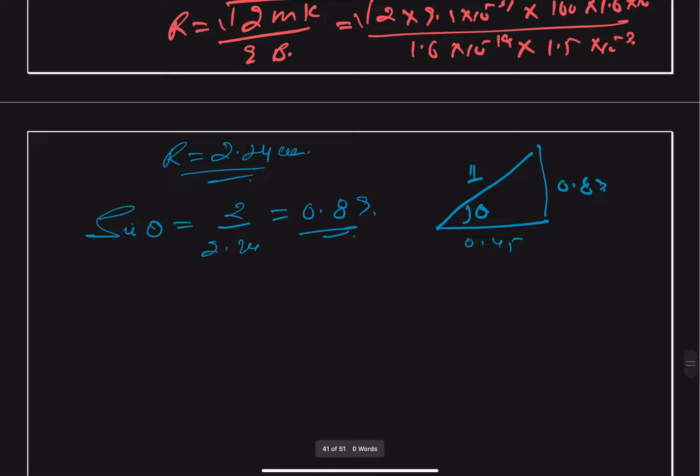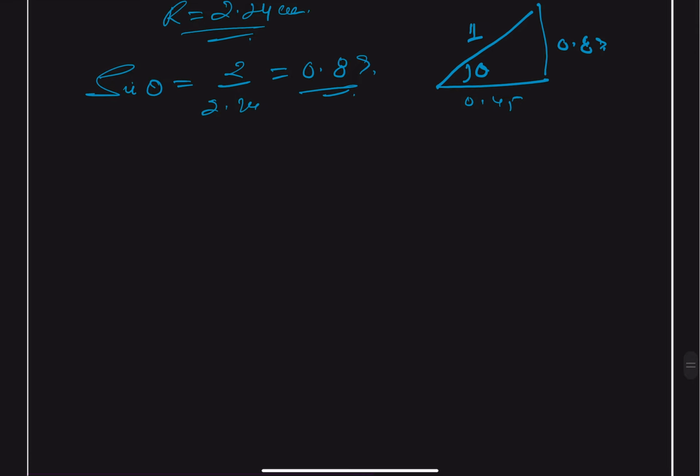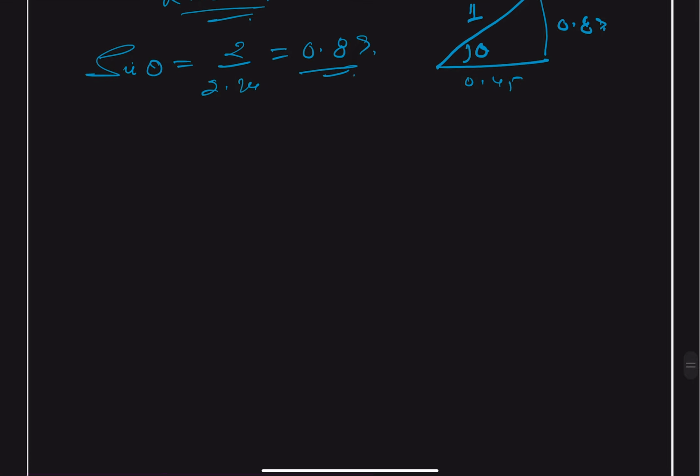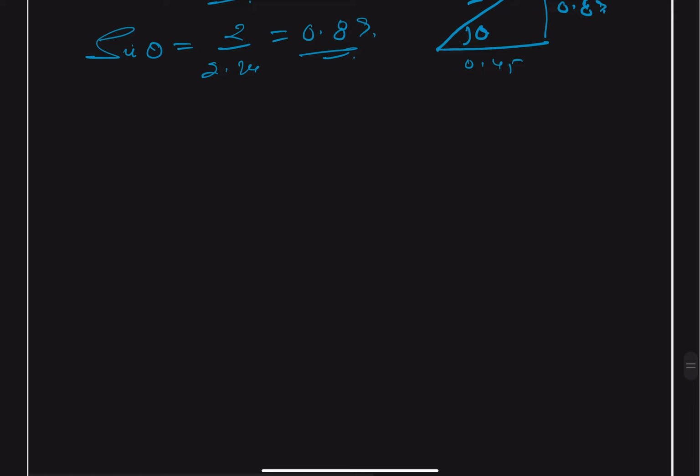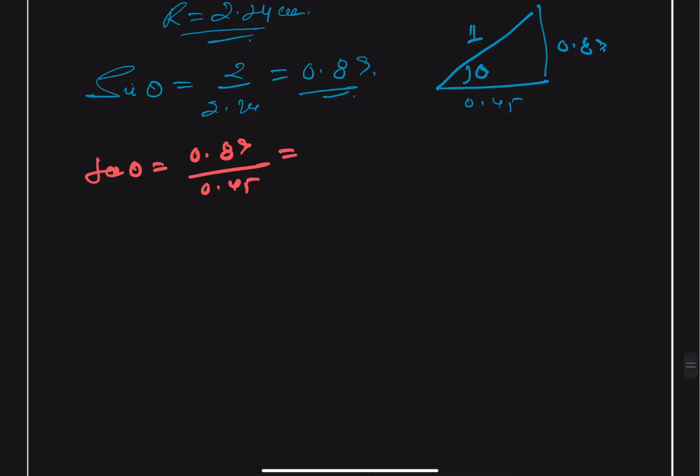So we need both these values in order to find out the final solution. So we can say our tangent of theta will be equal to 0.89 divided by 0.54, and this will be equal to h upon 6.